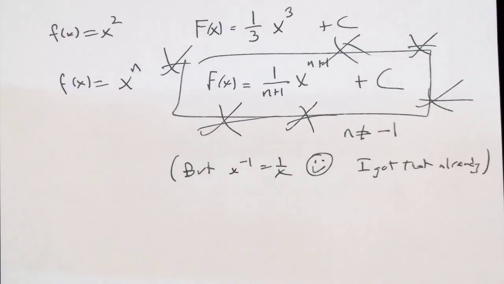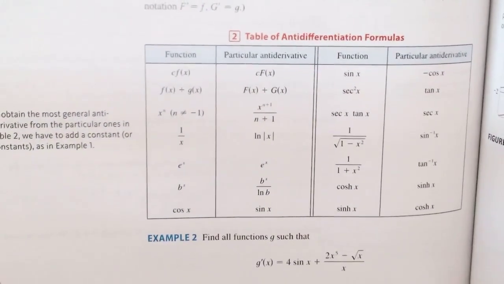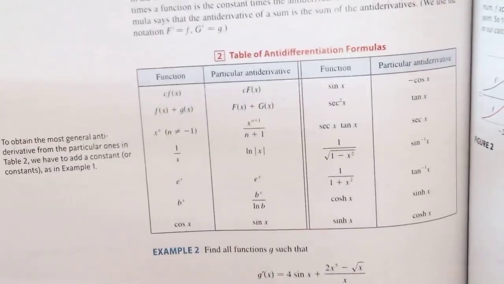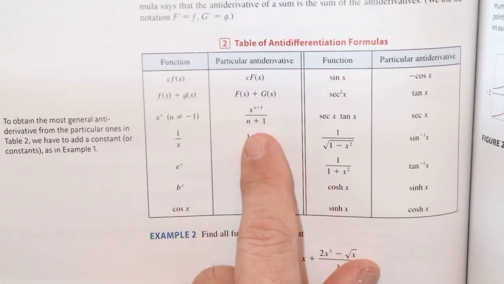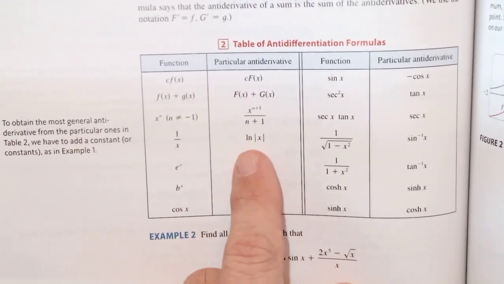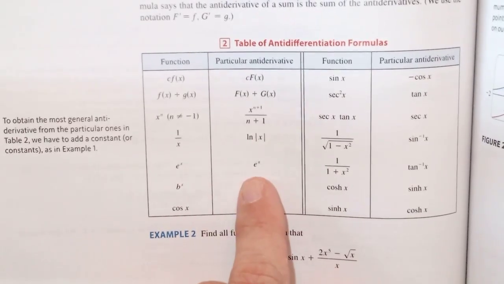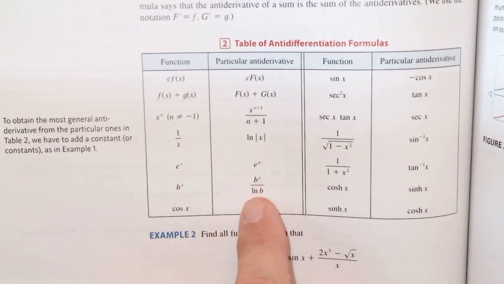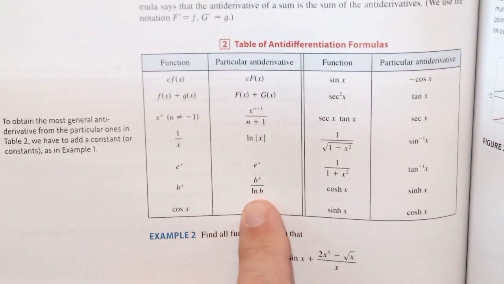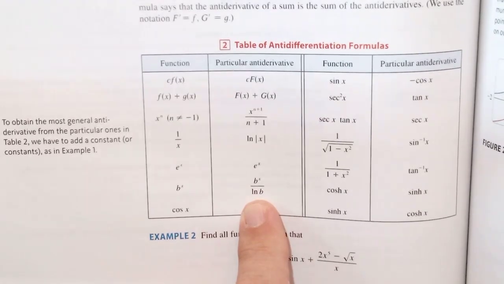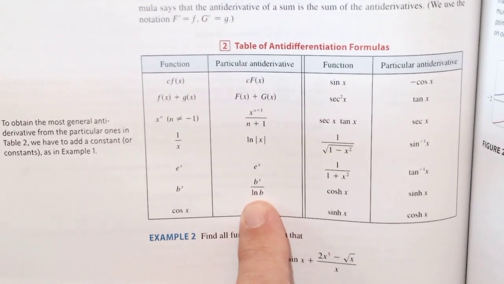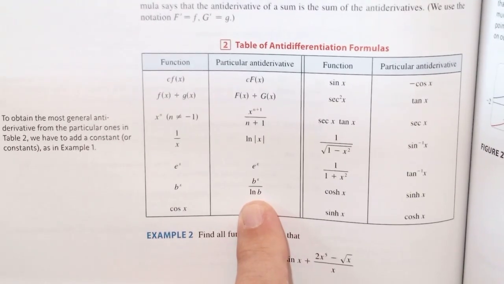Page 358, the box in the text. Please notice, there's my power rule. There's my exception to it. There's e to the x. This is for some other base other than e, just like the derivative formula on the top of our formula sheet.